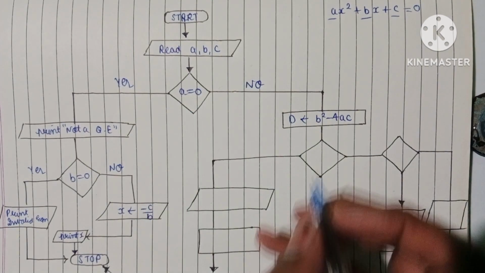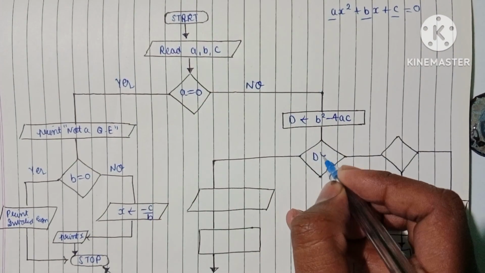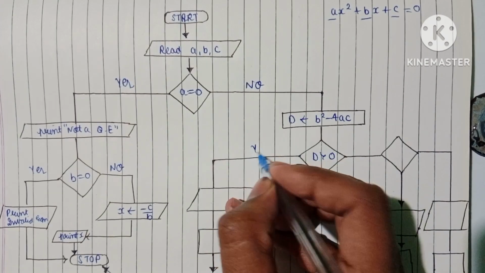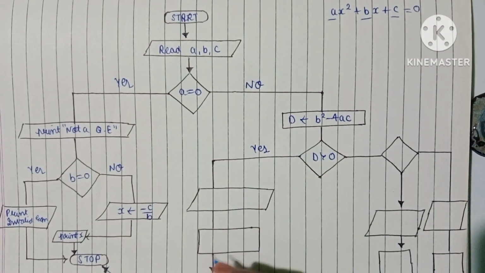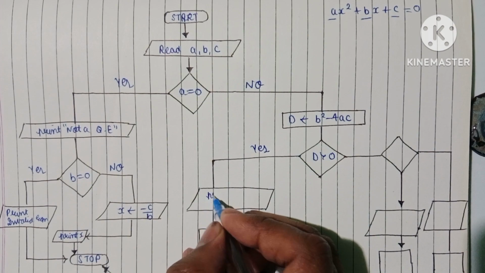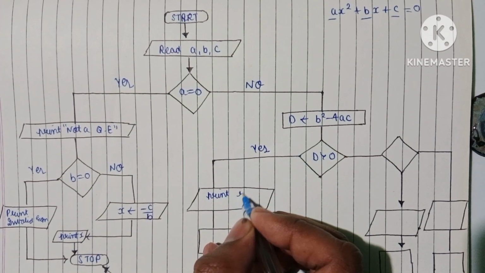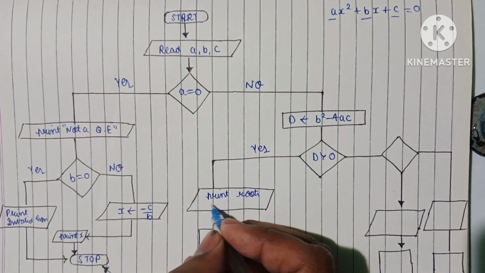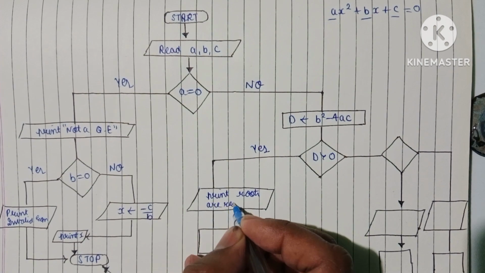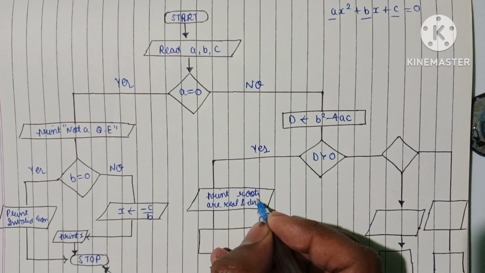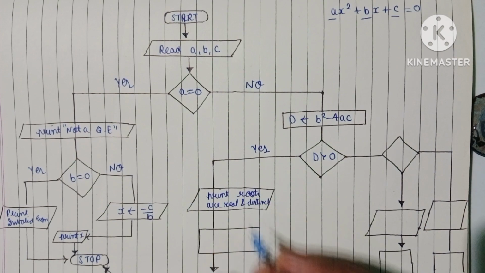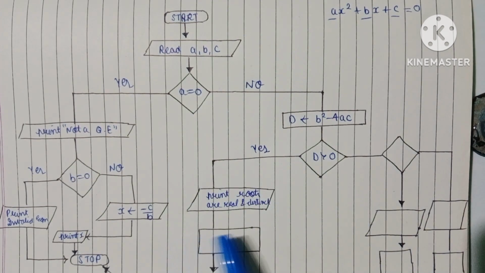Now we will check whether d is greater than 0 or not. If d is greater than 0, then we print our roots are real and distinct, which means our roots are in real numbers and unique in nature.